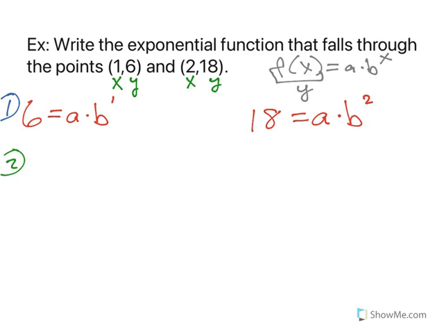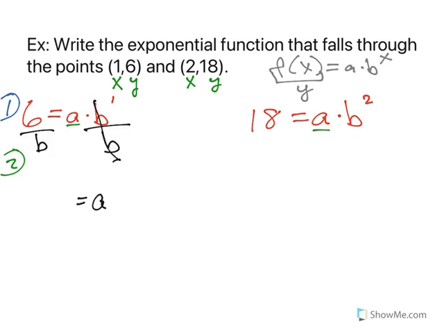Step 2, notice in our first equation, we have b to the first power. That's important. That's going to make our life a little easier. In both equations, we have a. So because a is what we want to get by itself, here in the first equation, to get a by itself, I'm going to divide both sides by b, because b over b is just 1.